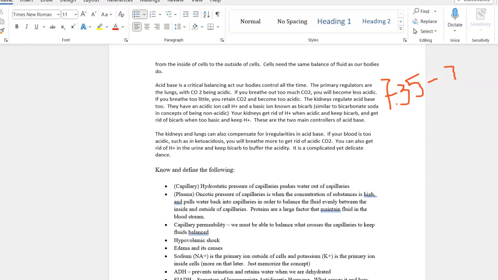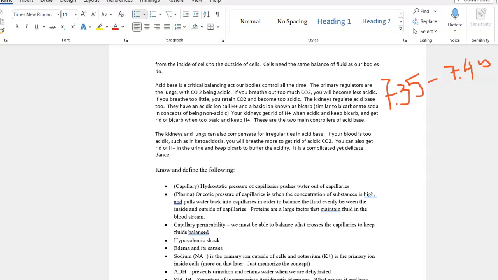That should look familiar. What I should do is I should type these things out for you. Okay, 7.35, 7.45. Okay, so if you breathe out too much CO2, you'll go more basic. Okay, and don't forget basic is higher on that pH scale. If you retain too much CO2, you will become more acidic. Okay, CO2 is acidic, so think of it that way.